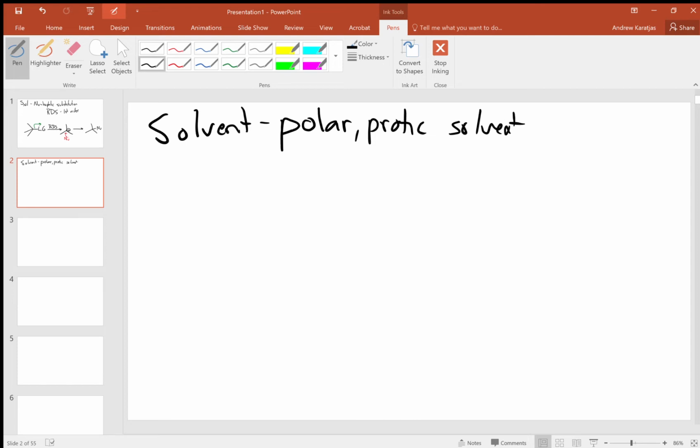Why a polar protic solvent? Well, in general, you want a polar solvent because many of the species involved in an SN1 reaction are polar, and you need that to help the solubility. But also a protic solvent, because a protic solvent helps to solvate the intermediate cation, which stabilizes it. In turn, that lowers the energy of the transition state, and therefore the activation energy.